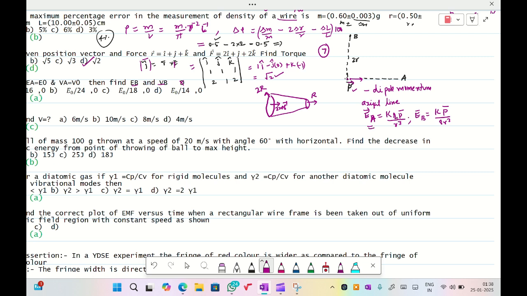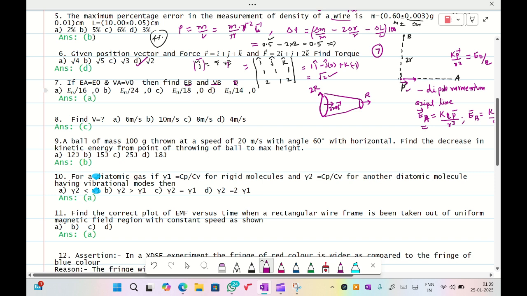That is, Kp by R cube is equal to E naught by 2. Because EA is given as E naught in the question. So Kp by R cube is equal to E naught by 2, that equal to E naught by 16 at B. And on the equatorial line, potential is 0. At B, potential is 0. Therefore, E naught by 16 and 0. So answer A is correct.